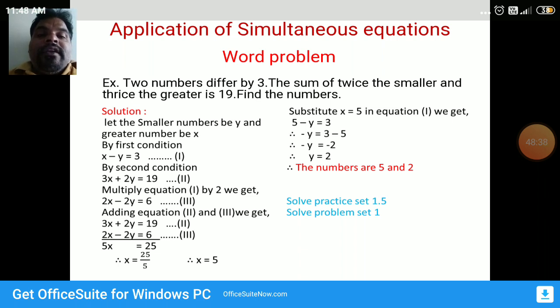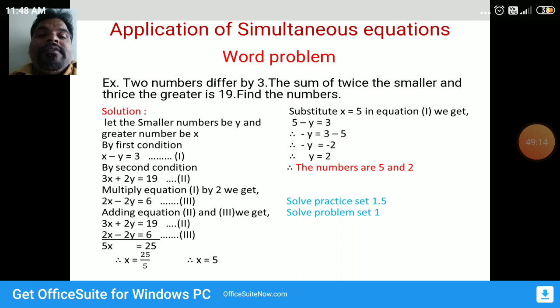The second condition is the sum of twice the smaller, that is 2y, and thrice the greater number x, thrice means 3x. The sum of these two is 3x plus 2y is 19, equation number 2. Now solve these two equations by equating coefficients.